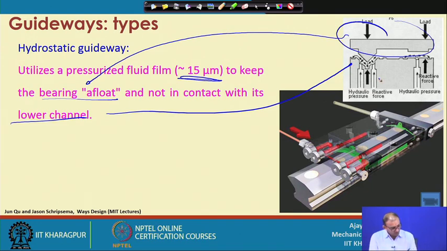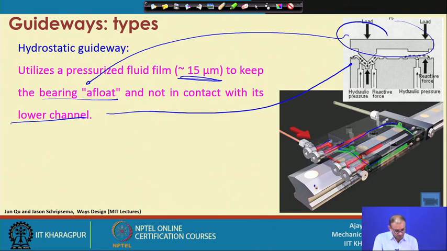So, this particular fluid, whether oil or any other type of liquid, always makes sure that there is no direct or physical contact between the two surfaces. One is the stationary channel and the other is the part which is moving up and down. This is a schematic diagram of how you have to provide this. You can see that this is the oil supply, from where you are supplying the oil, and that oil is equally distributed in between the two surfaces which are in contact.